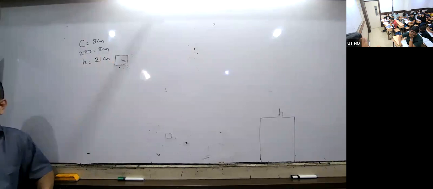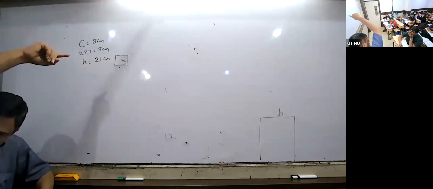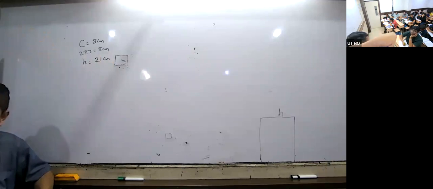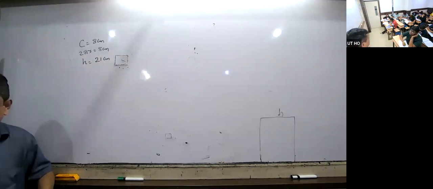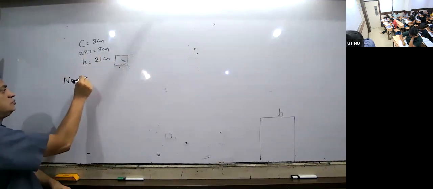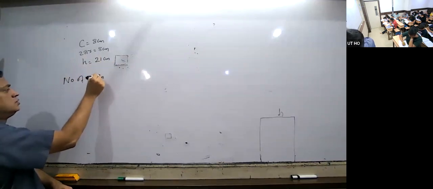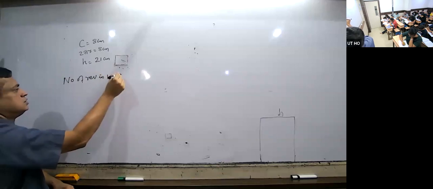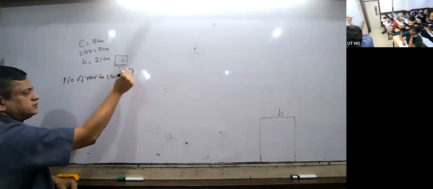In 1 second, how many revolutions? Write below: number of revolutions in 1 second is equal to 9.